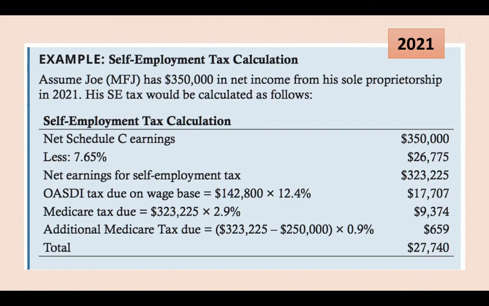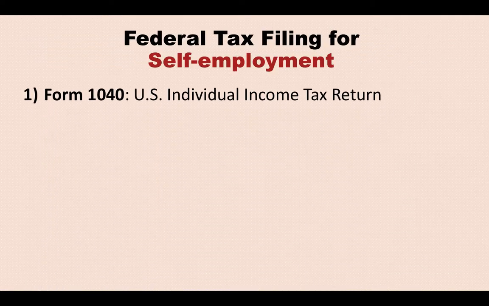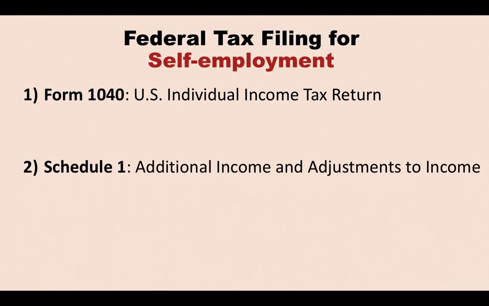However, for you to file the form is more complicated. It's never in one place. So let's see the forms that you need, and then how the numbers go on the forms. First form you need is 1040, individual income tax return.